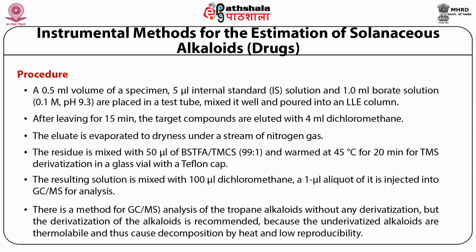In order to render the constituents of these tropane alkaloids volatile, they are made into derivatives, which is provided by a BSTFA and TMCS mixture. They are warmed with this mixture, which derivatizes these esters. They are volatile, they are eluted by the GC system, and they are detected by the GCMS system.